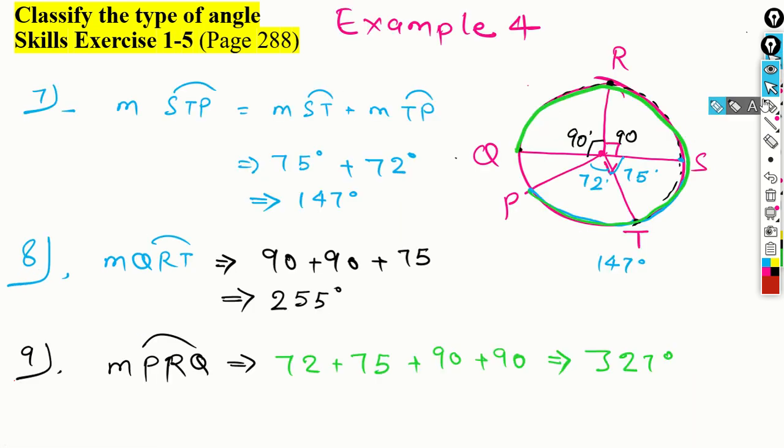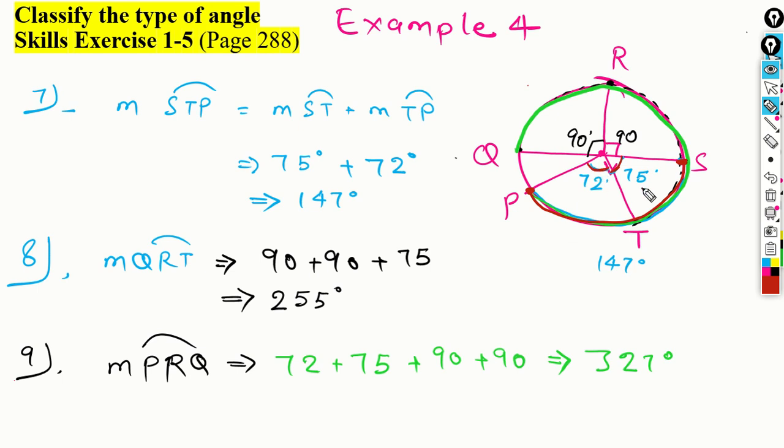Okay, now in this question, this is your example 4. Now you need to find measurement of arc STP. So you're starting from here and going up to there. So STP is sum of this plus this, right?